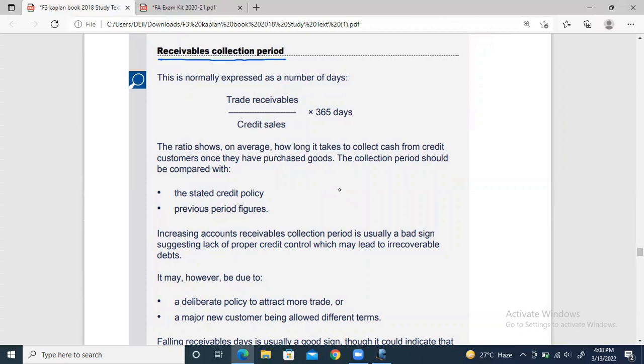The more time the company takes to receive cash from customers, the worse it is, because obviously every company would want customers to pay very early so that they have more access to cash. No company would want to receive cash after 2, 3, 4 months. The formula of this is trade receivables divided by credit sales.